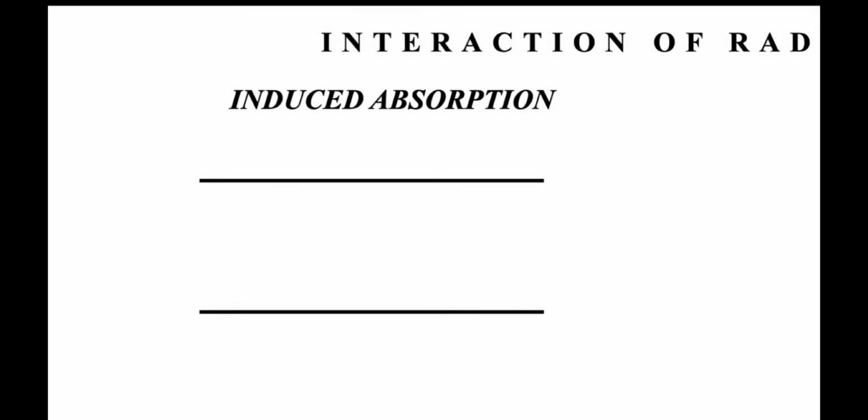In absorption, the electron is in the lower state. Energy is absorbed by the electron, and due to this absorption, the electron starts to move towards the excited state. This entire process we call induced absorption.